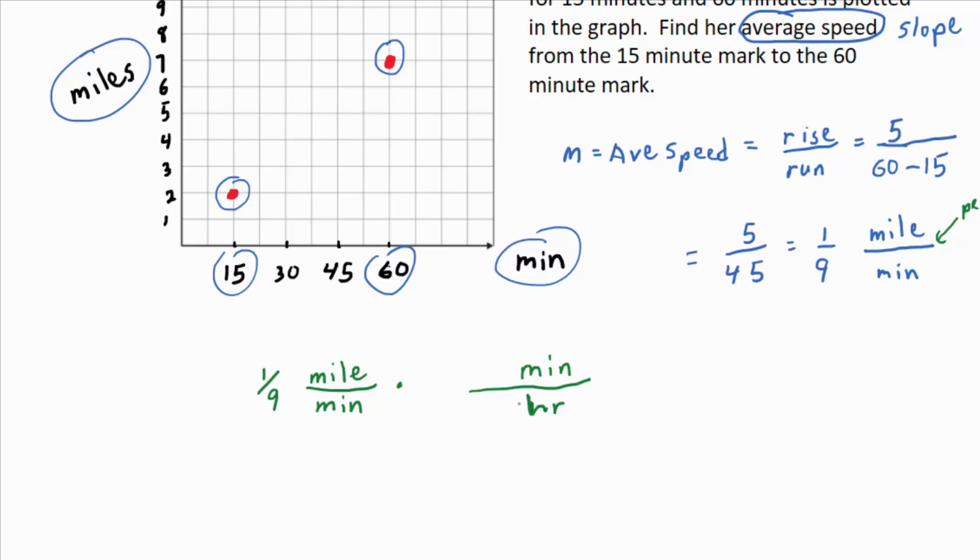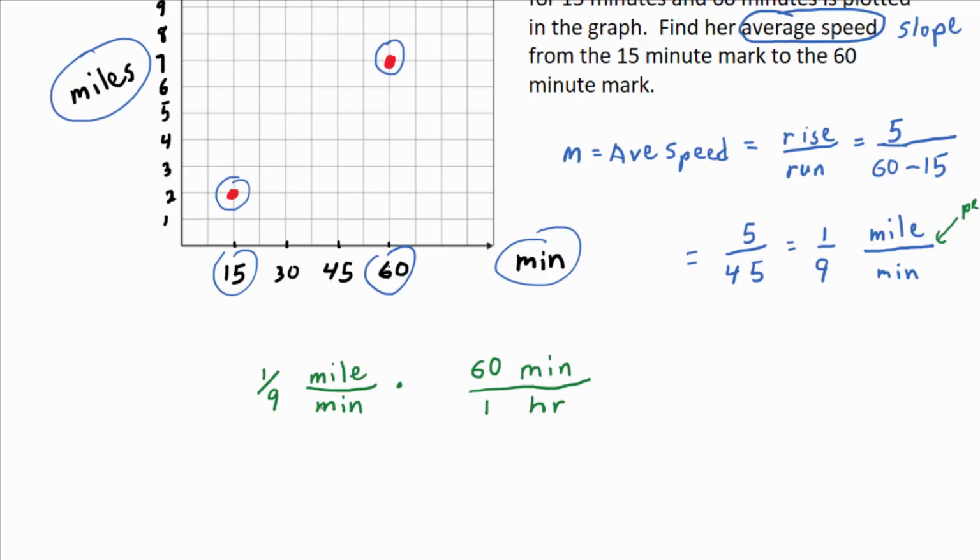How did I know that? Again, because I want minutes to cancel, so it needs to be on top. I want hours to be on the bottom, because I want miles per hour. So what is it? 60 minutes per 1 hour, right?